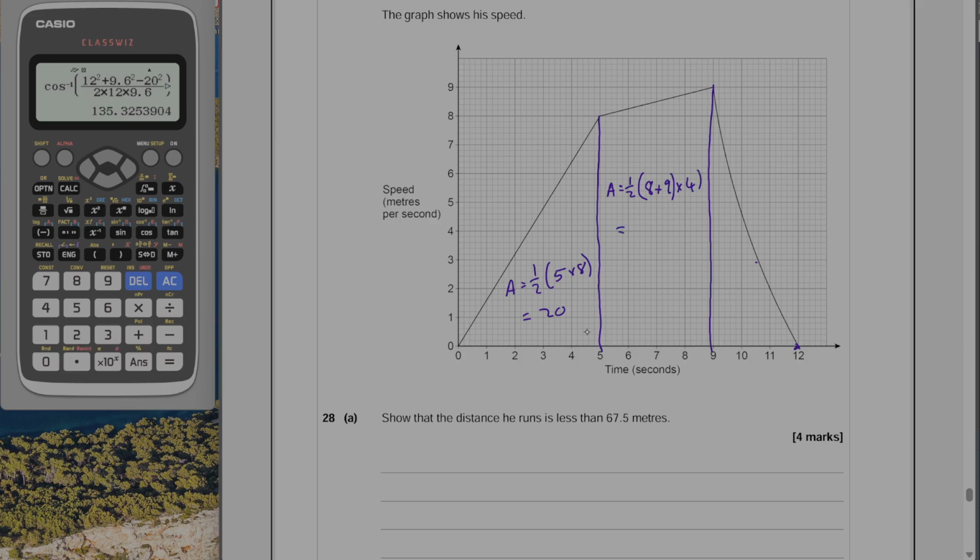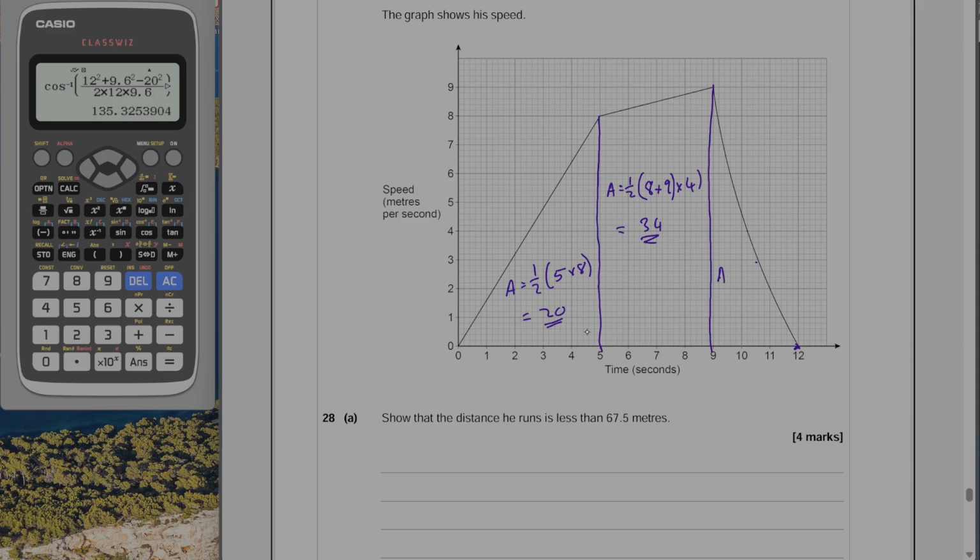So that's going to be 34. So let me just double check that in my head. 17 times 2, 34. Then this is the one that I'm slightly debating whether to split it into two shapes, but we'll stick with it as it is.